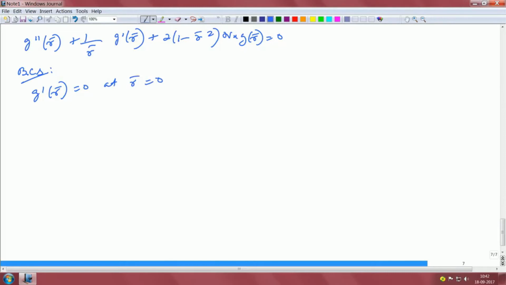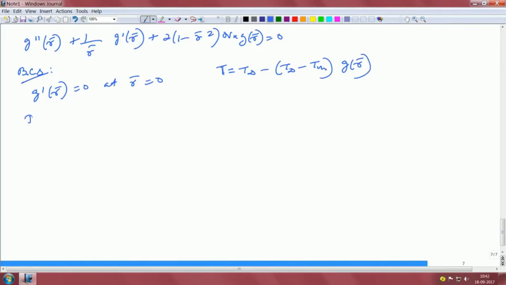Let us revisit our definition of G. That means your T was equal to T infinity minus Tm into G of R. So why will G prime of R be equal to 0 at R equal to 0? That is given by the axisymmetry of the temperature profile. So this boundary condition you can easily make out.